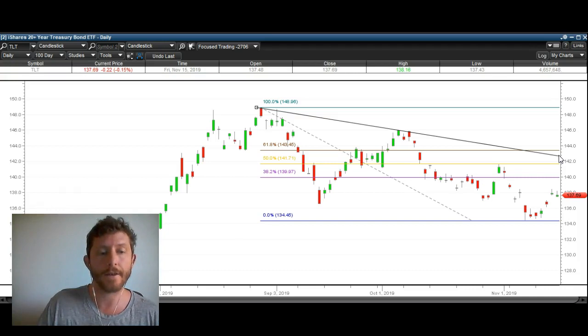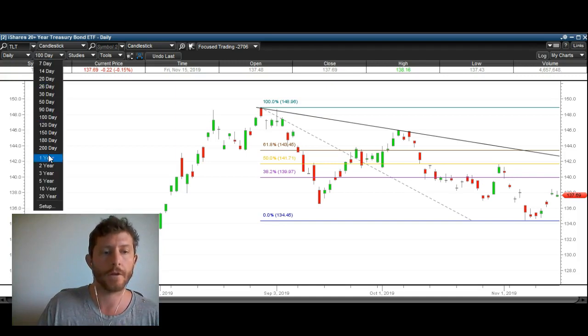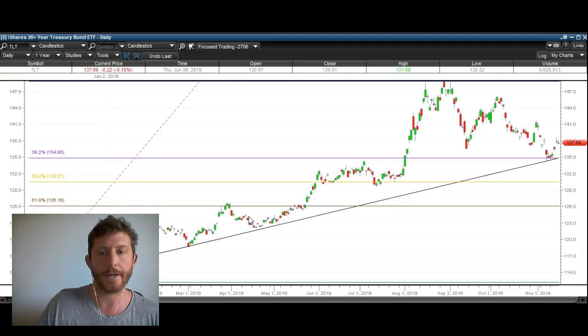The trend is very much so over. We had this huge run over the last year. In my opinion, the run is over, and it's now time to short TLT.